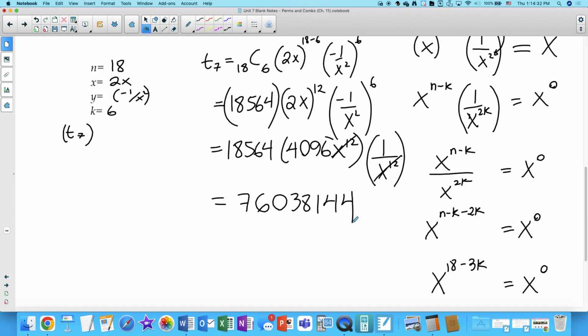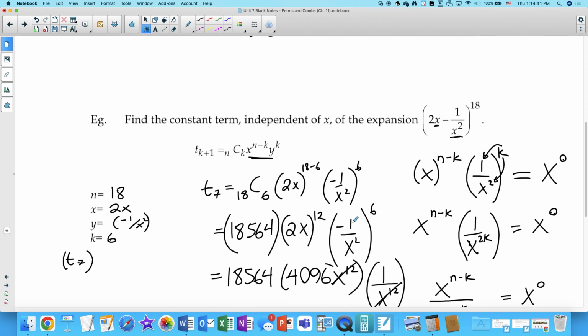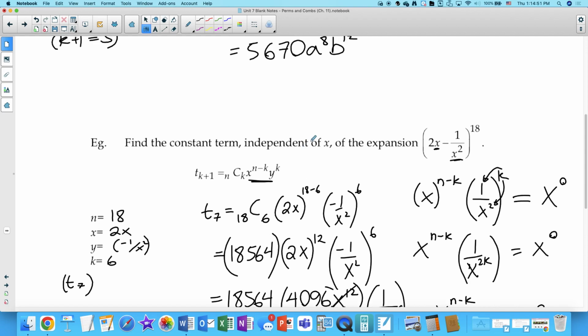Okay. Now, one thing that I want to say before we move on to the next question is that figuring out the k value, you may be able to do that in your head in certain instances. So for example, I can see that the denominator one is going to grow at double the rate of the numerator one.